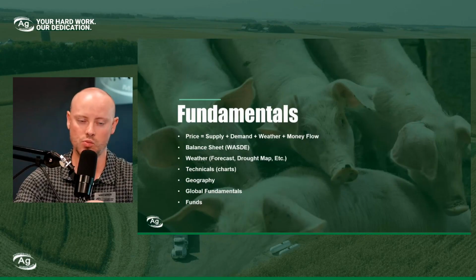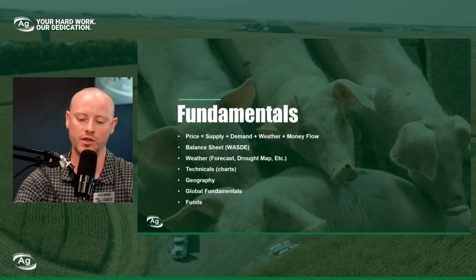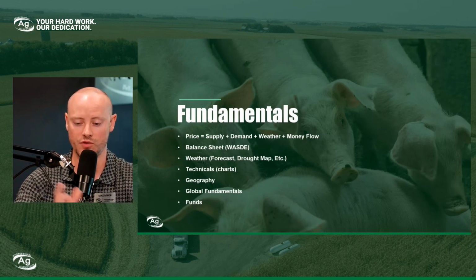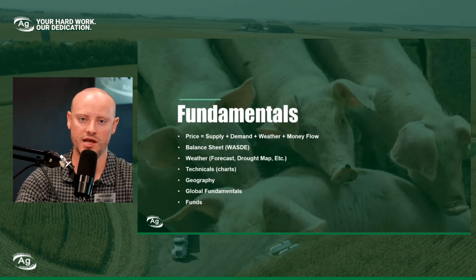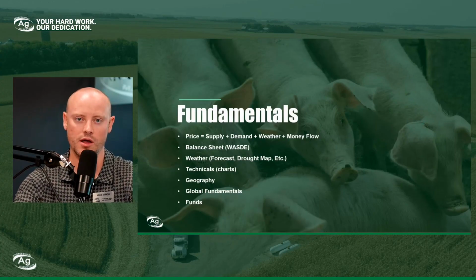Geography matters as well when I look at where you're at fundamentally in the Corn Belt. When there's a crop problem, let's say in Illinois, you can really see that reflected on the river market. Or if the river is low, for example, it's hard to export corn out of there. So fundamentals do align well with geography. Where the crop is short in the United States influences price greatly.